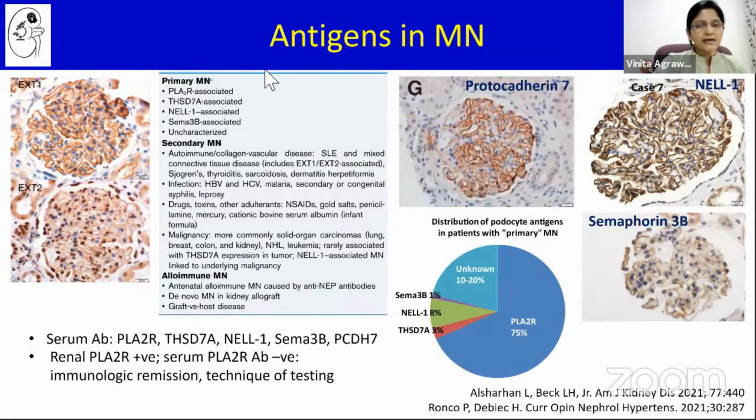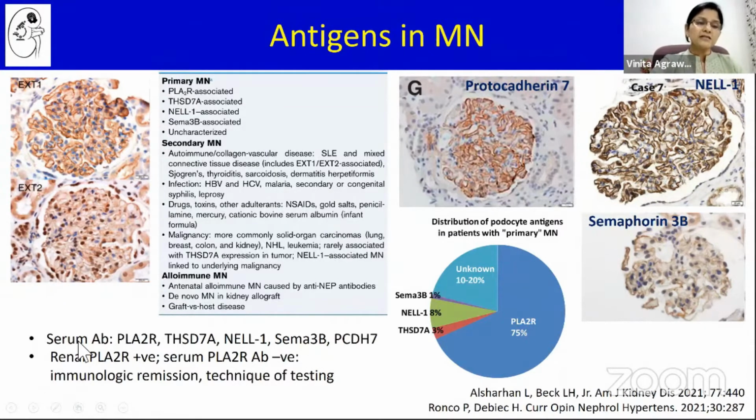So now the newer classification of membranous nephropathy looks something like this, where you can identify the antigens which are related to primary and secondary membranous nephropathy. A word of caution: sometimes an antigen can be in primary membranous nephropathy and also associated with secondary conditions, like NELL1, which is associated with malignancies, similarly thrombospondin.